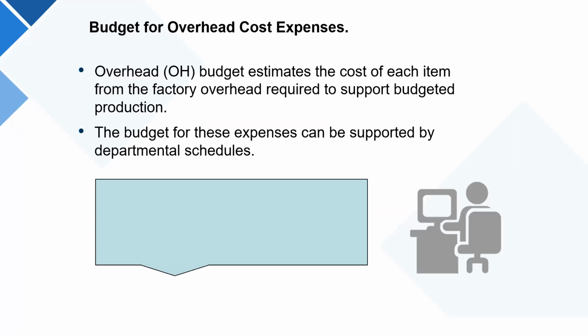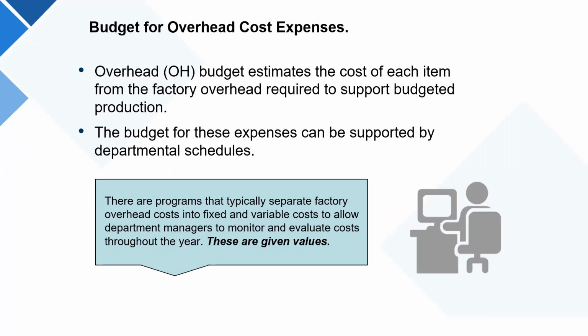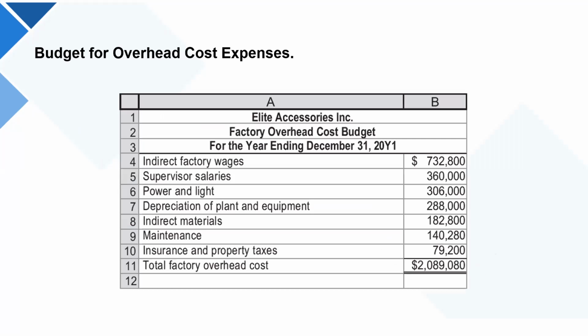You just need to identify the overhead expense inside your budget. These are usually given values because the production department, or the departments in charge of spending that money, will give you the budget and say, this is the money I'm going to be spending this period. This is an example of an overhead expense budget.